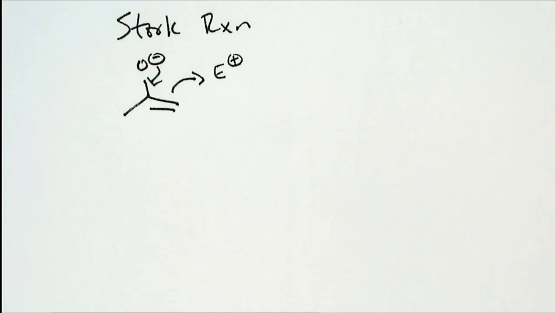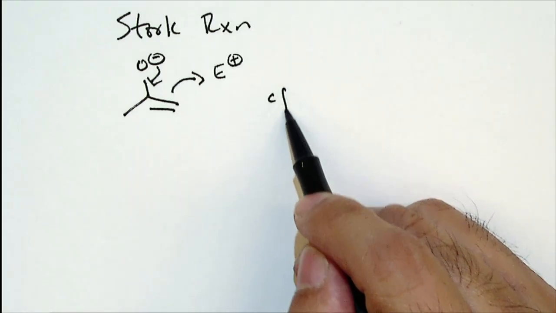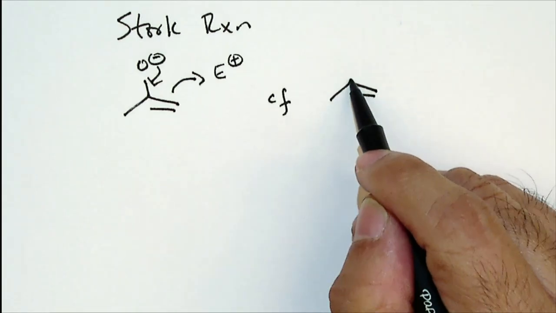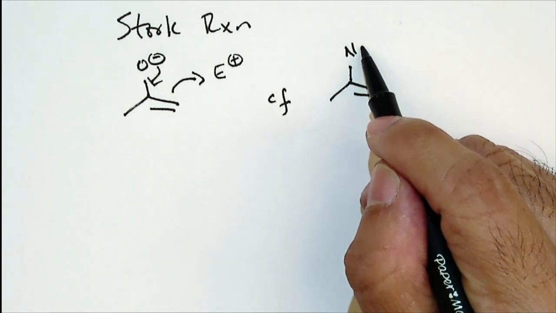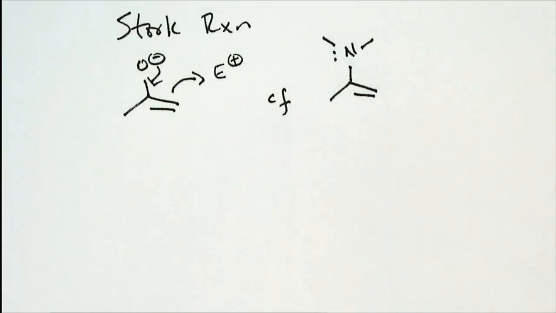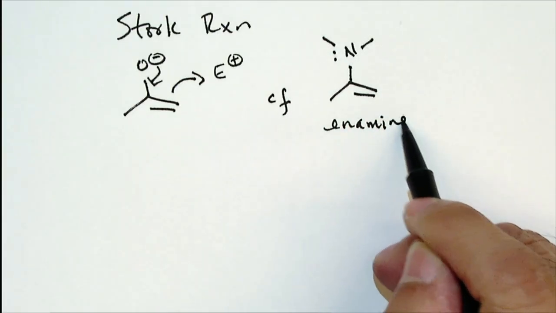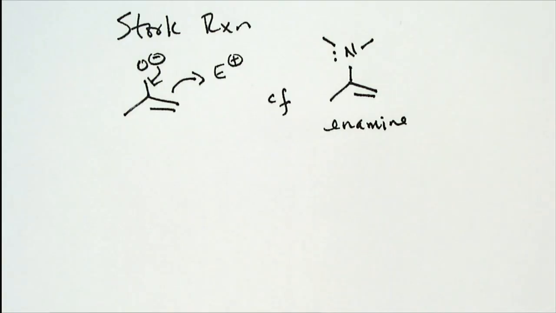What he recognized is, okay, if I look at that enolate, let's compare it with the following species which we have actually seen before. Remember, this is what is called an enamine. So where did we get enamines? We get enamines whenever an aldehyde or a ketone is reacted with a secondary amine.